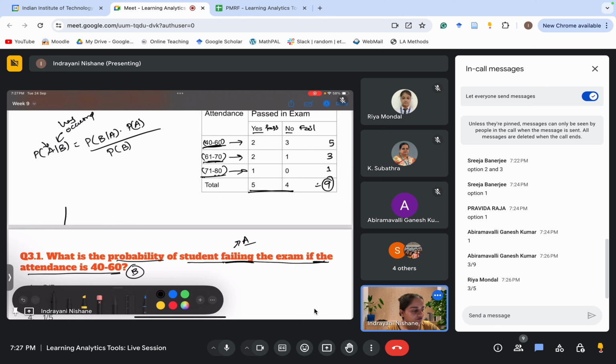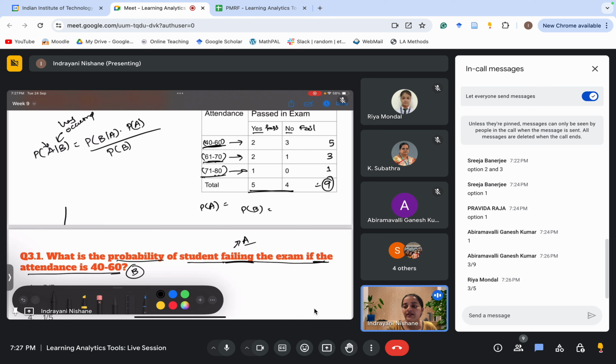With the help of this frequency table, we will first compute probability of A and probability of B, because these are unconditional probabilities. Probability of A is the student failing.